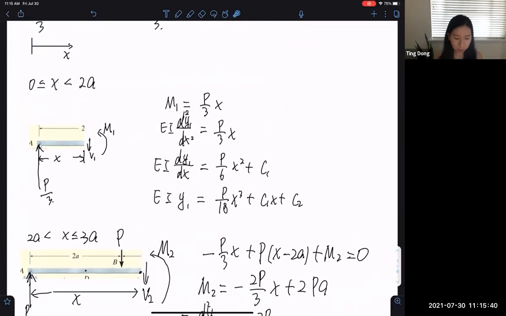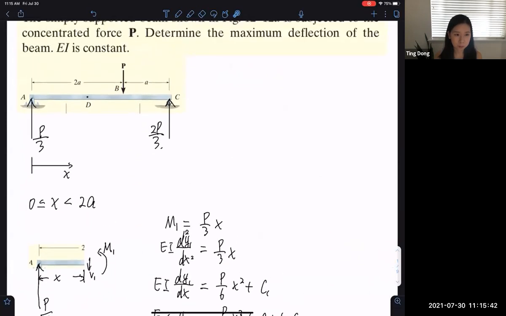So what are the 4 boundary conditions we can use? Anybody? We need the 4 boundary conditions to have 4 equations and then solve for the unknowns C1, C2, C3, C4. So what are the 4 boundary conditions? Yes, these are 2.